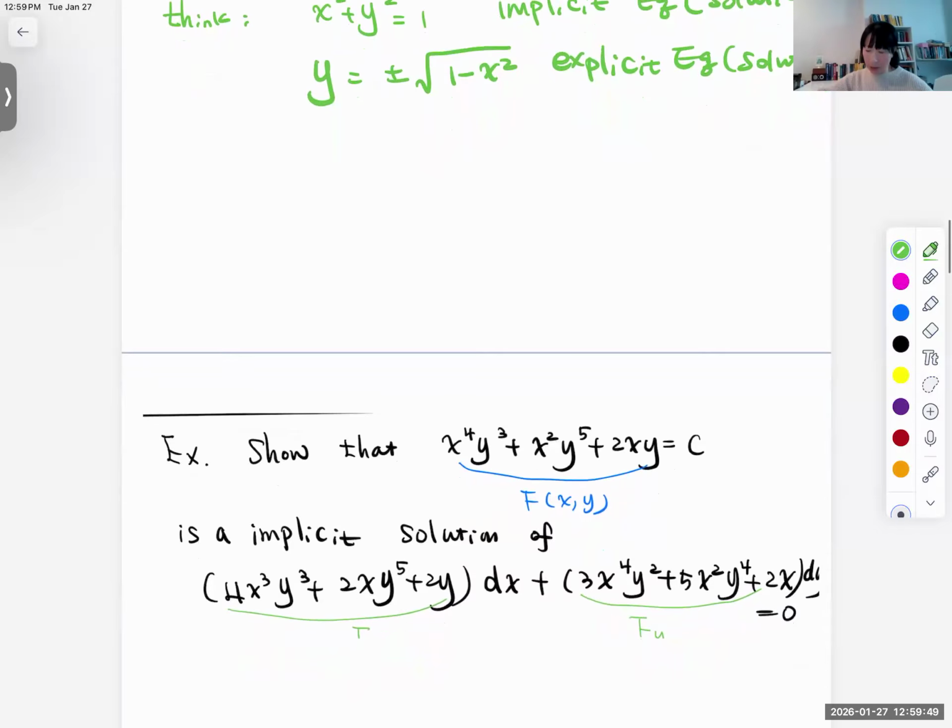Now we have the question here. Let's take a look. We have x to the fourth power y to the third equal to c. Is it an implicit solution of this continuous function?